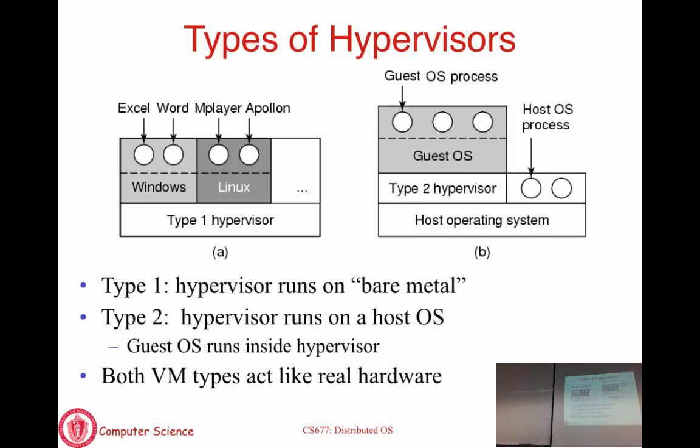Now, last time after I spoke about this, some of you came and asked me, if there is a type 1 hypervisor running, where did the OS go? Where is the operating system that you would normally expect to boot on a machine? So the clarification I wanted to provide, which I briefly alluded to last time, is there is no operating system. When you power on a machine, it's the hypervisor that boots up.